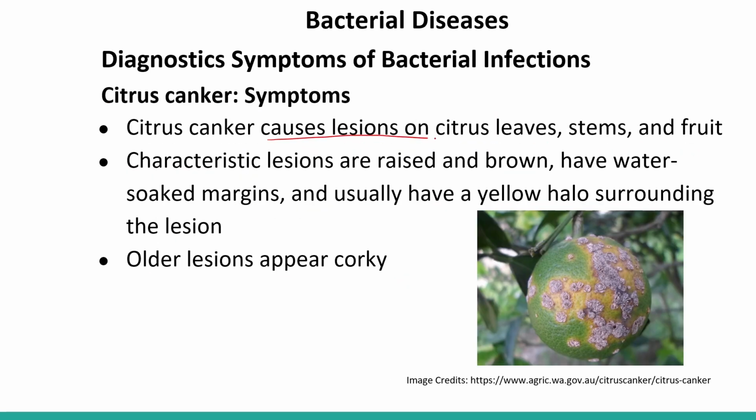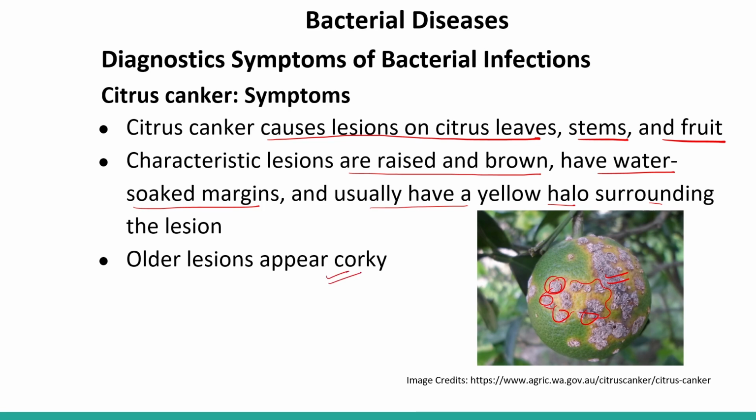Citrus canker lesions appear on the citrus leaves, stems and fruits. We can see here some of the lesions on the fruit. Characteristic lesions are raised and brown and have water-soaked margins and usually have a yellow halo surrounding the lesion. So here these are the lesions and you can see the surrounding yellow region.